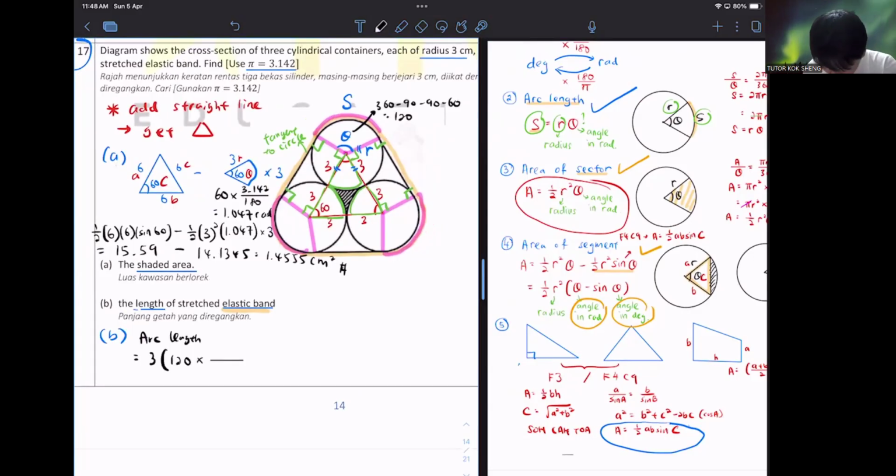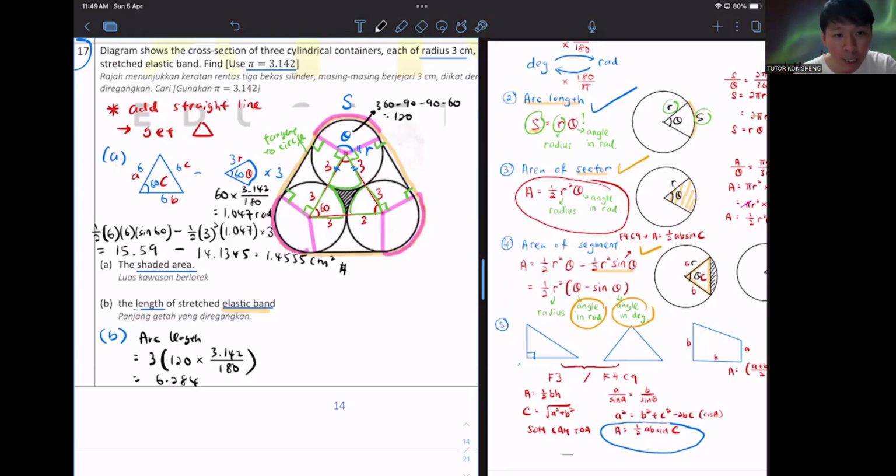Did we change that before or no? That gives 6.284.